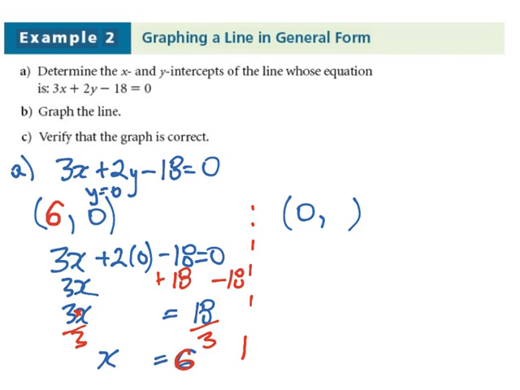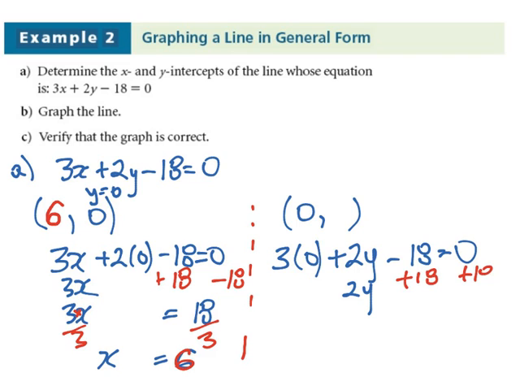And now in our equation, we're going to put in the value of x to be 0, and we're going to solve for y. 3 times 0 is 0. Now we're going to again add 18 to both sides of the equation.